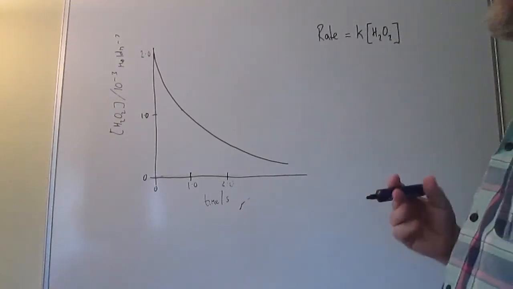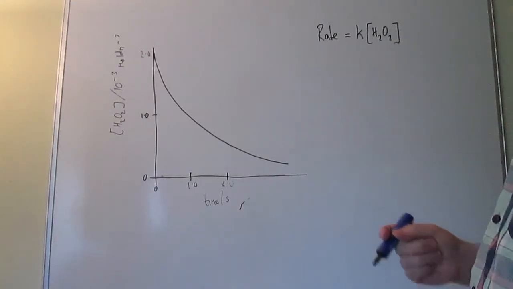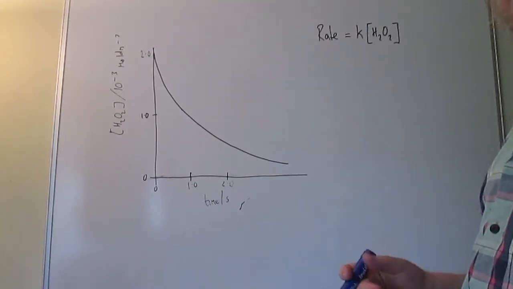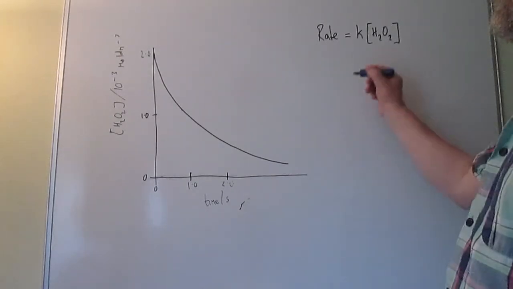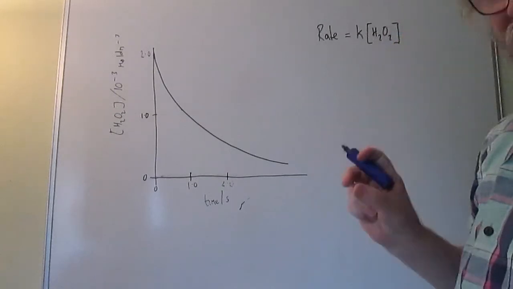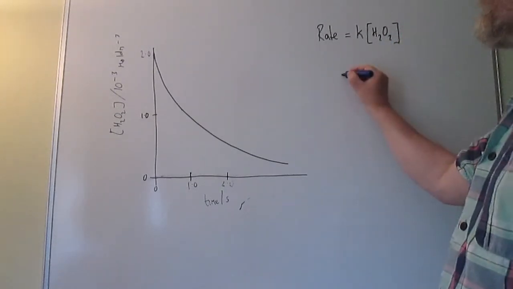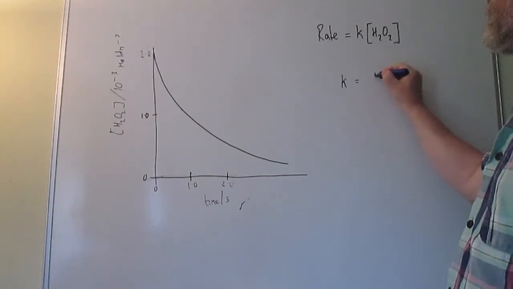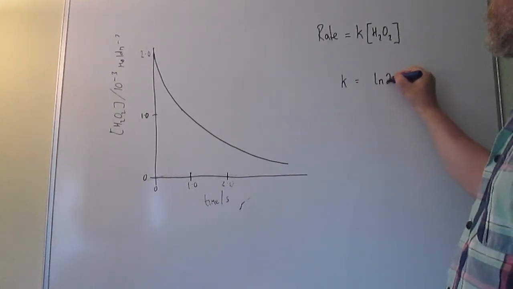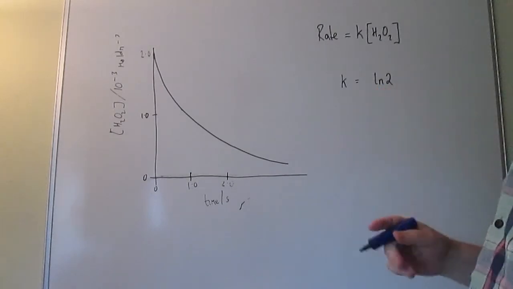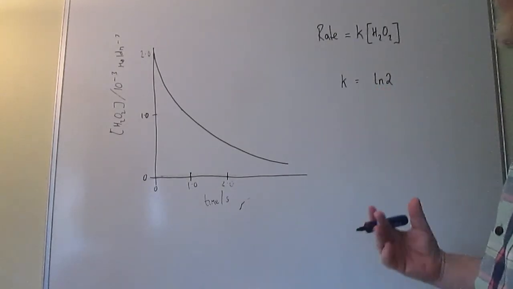And then it asks you to find the value of k. Now there are two ways to do this. The quick way is to recognise that because it's a first order reaction, and only because it's first order, you have this special relationship, which is that k is equal to ln 2, so that's the natural log of 2. You should be able to find that function on your calculator.